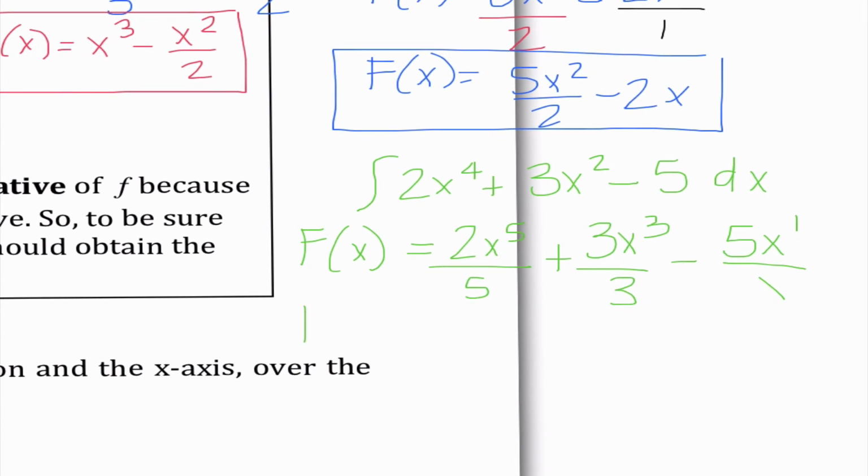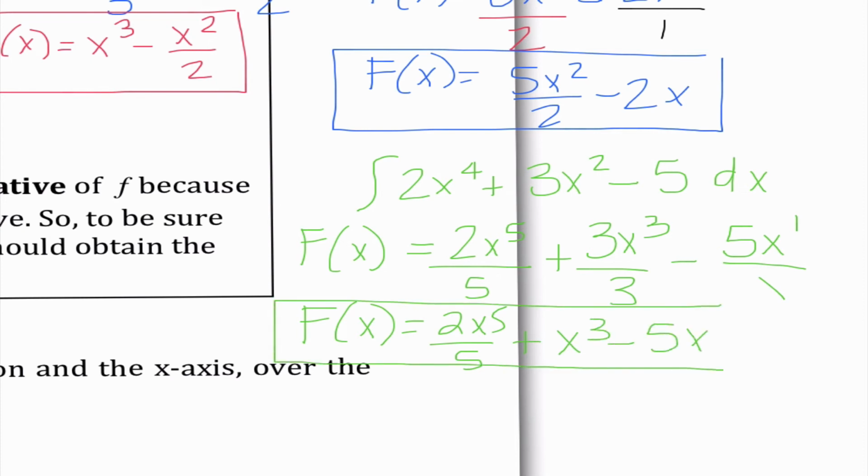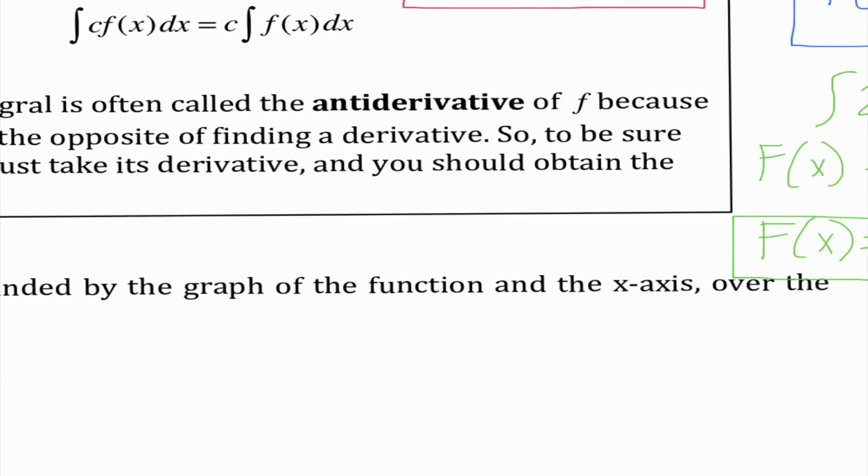So I'm going to get f of x equals 2x to the 5th over 5 plus x cubed minus 5x. That's good practice to make sure we understand this concept.